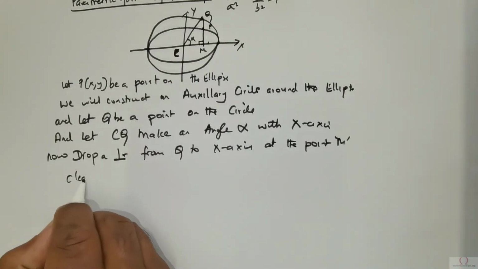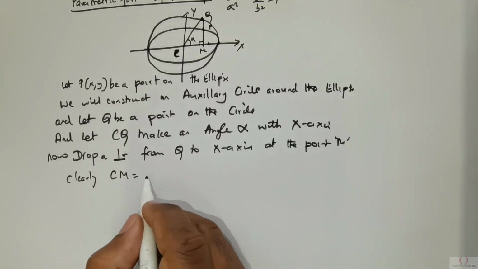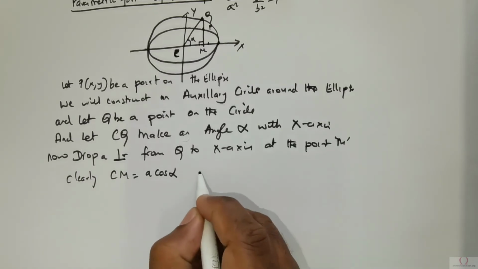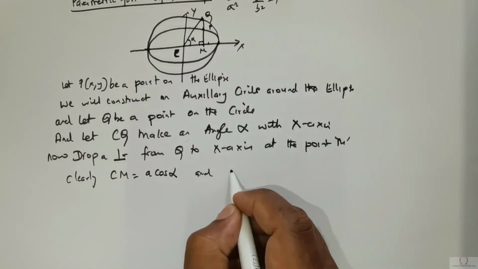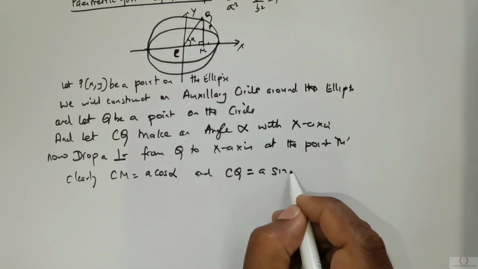Now clearly CM is equal to a times cos alpha and CQ is equal to a times sin alpha.